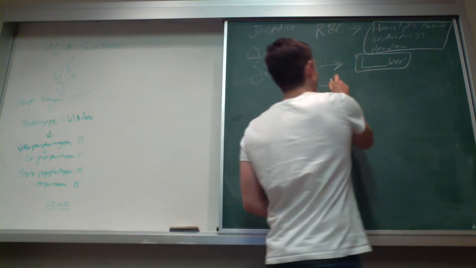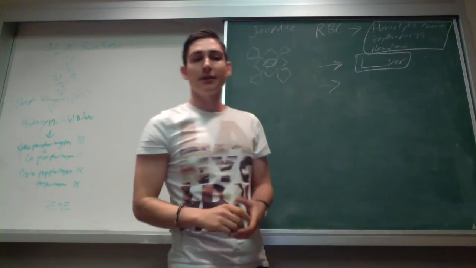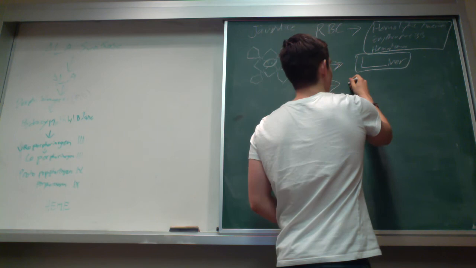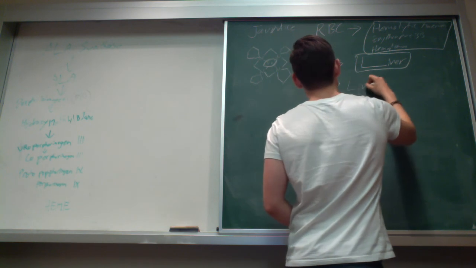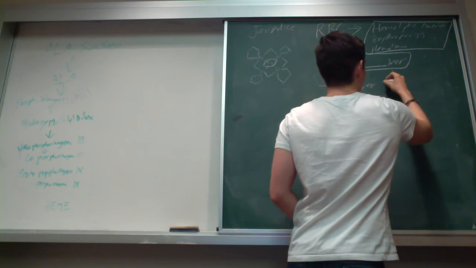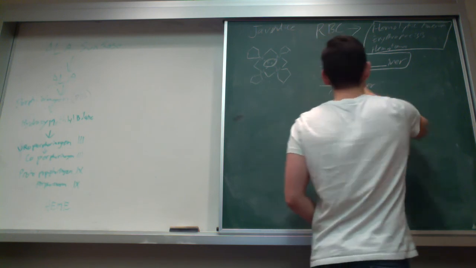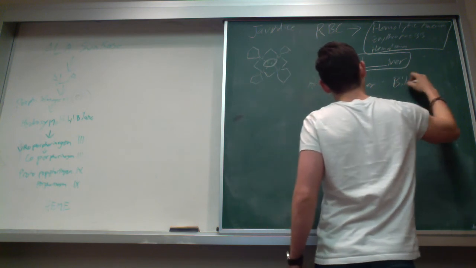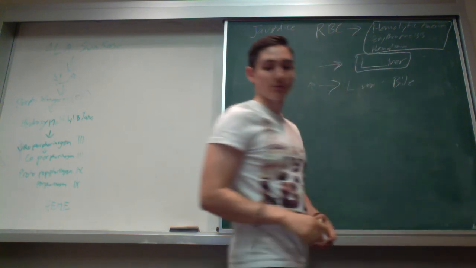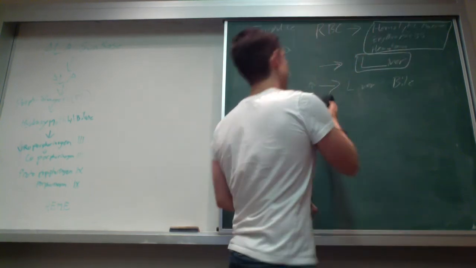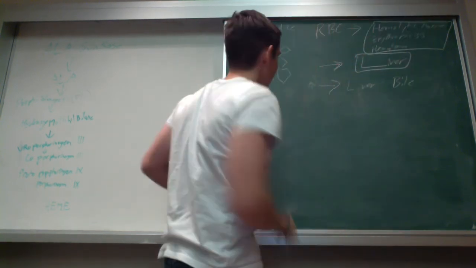And then if you have some kind of block in the bile duct or some other kind of liver damage that prevents bile from being created, that's another way in which bilirubin can be increased.